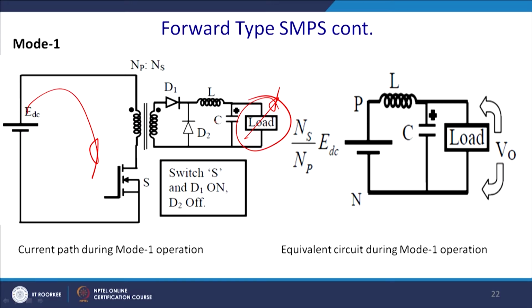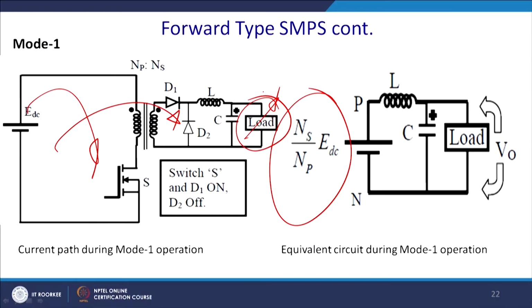Essentially, you couple the whole element here and that boils down to this part of the circuit, referred to the secondary. We know that by referring the circuit in the primary and the secondary of the transformer, we have referred this circuit into the secondary, and thus you get Ns by Np into EDC.